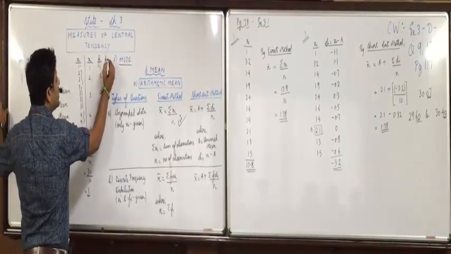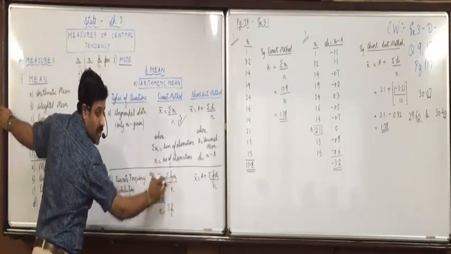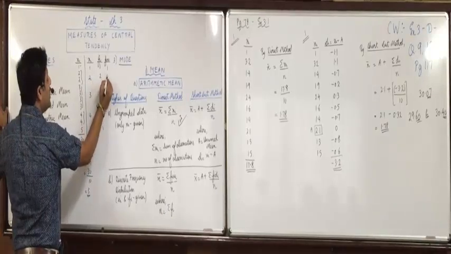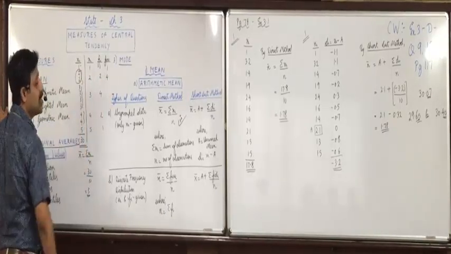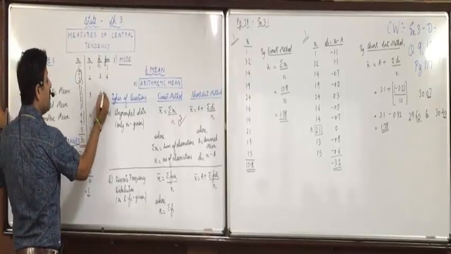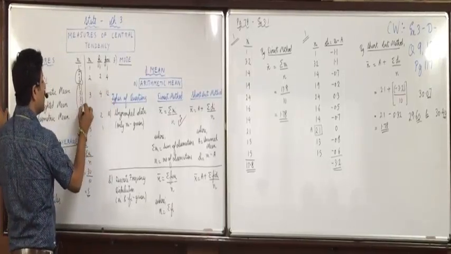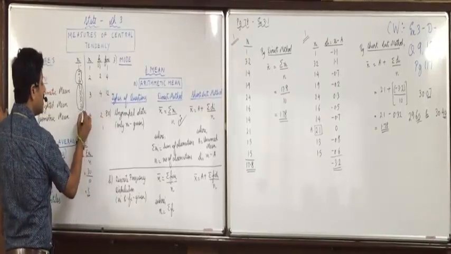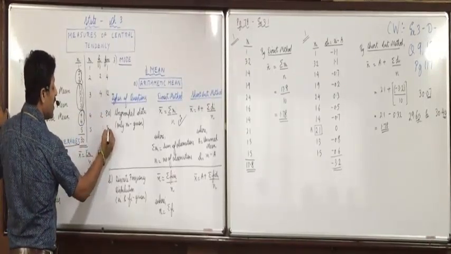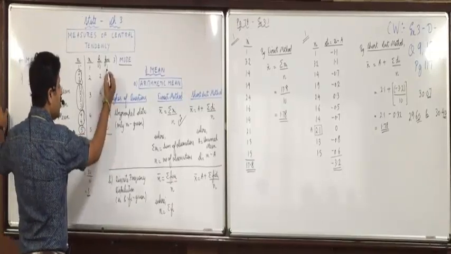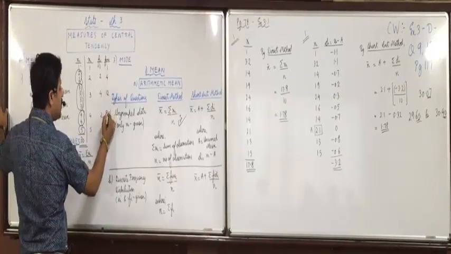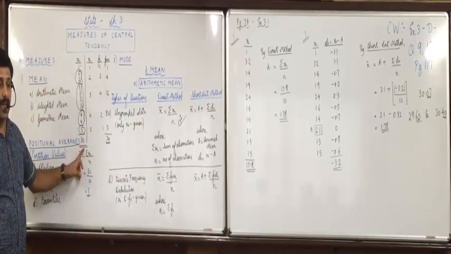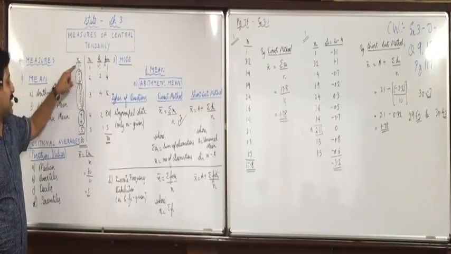Now if I do fi xi as we require in the formula, 1 into 1, 2 into 2, is this 4 the total of these two observations or not? 3 into 4, is this the total of these 4 observations or not? 4 into 2, that is the total of these two. 5 is the total of this. Now if you do 1 plus 4, 5 plus 12, 17 plus 8, 25 plus 5, you'll always get the same answer. So fi xi gives you the same answer as xi.